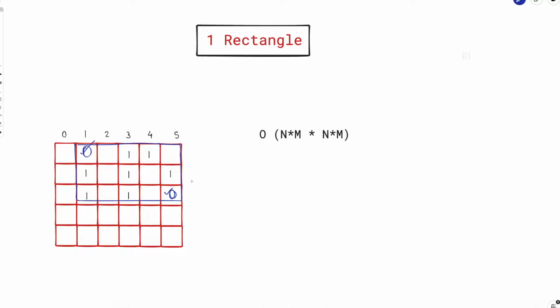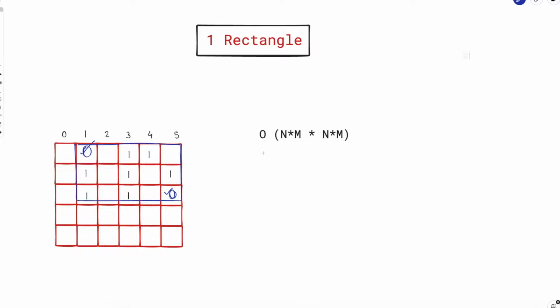So in just order one time, you get the total sum. You can compare it with the total sum of ones in the complete grid. If they are equal, that's a valid candidate, otherwise that's not a valid candidate, right? So this is the current time complexity. We can optimize this first of all. Why?